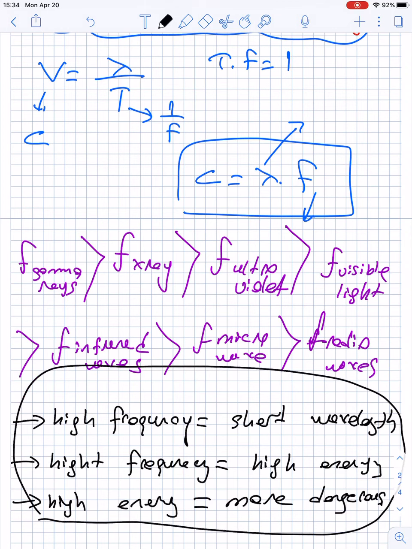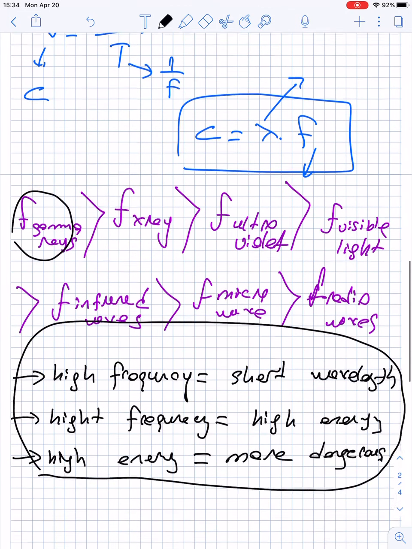If we check this electromagnetic spectrum frequency, for us very dangerous is gamma rays, because frequency is highest.